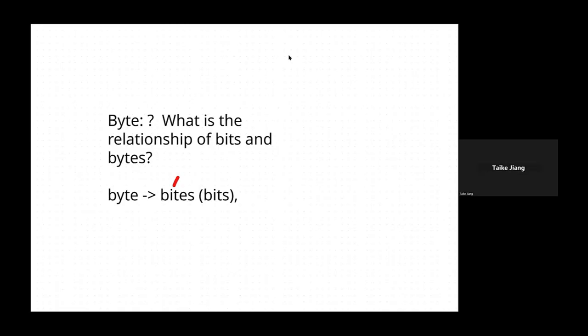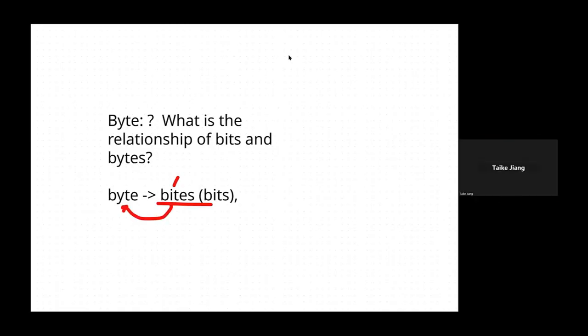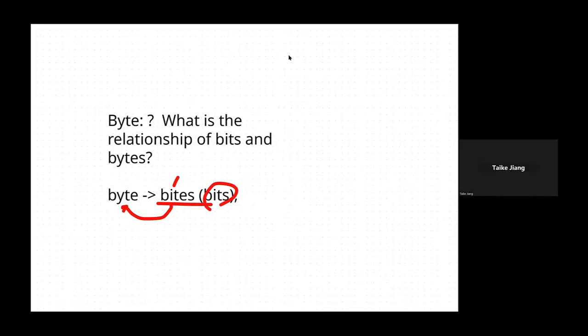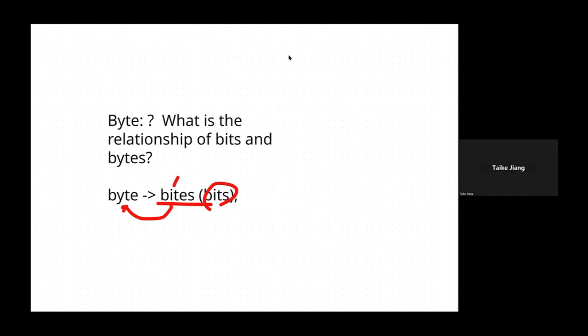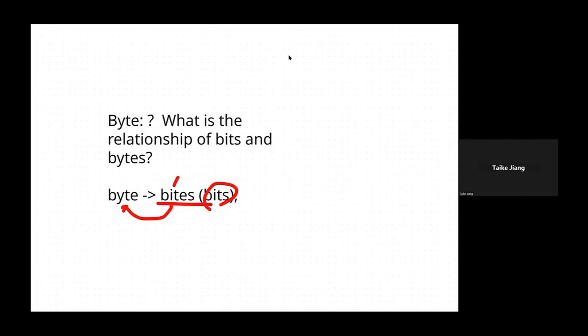Originally it was actually written in this way, and people didn't like it, so they said this is not okay and changed it to byte. That's why we have the byte now. So how many bits in a byte? Eight.